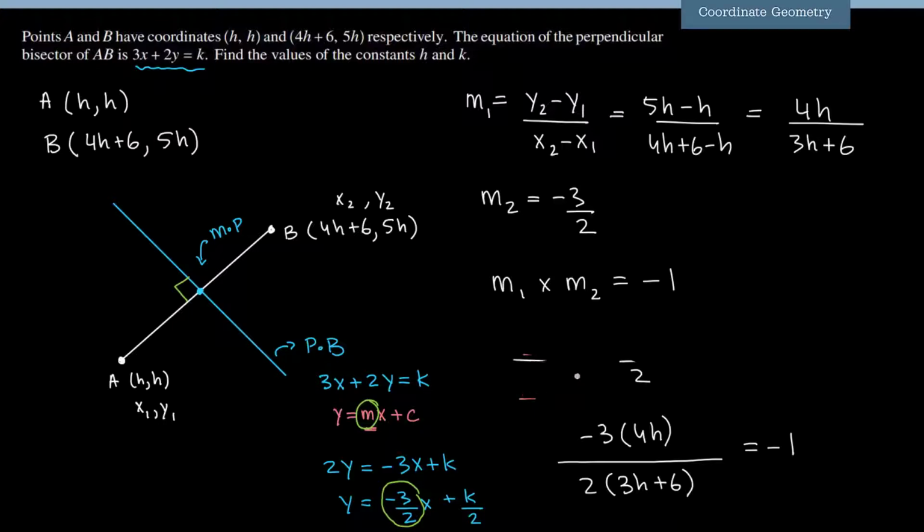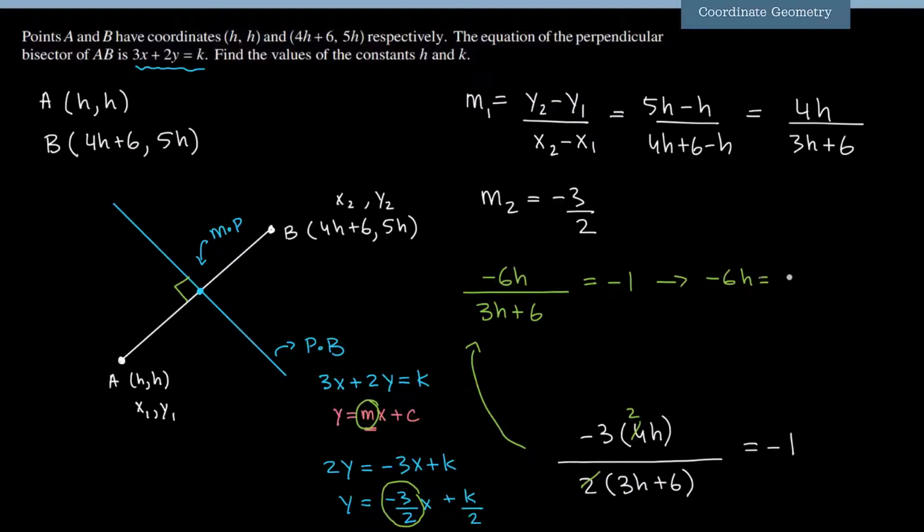Now I need to make some space over here, so I'll erase these two steps. 4 divided by 2 is 2. So I'll get -3 times 2h, which is -6h, divided by (3h + 6) = -1. Multiplying both sides by (3h + 6) gives me -6h = -(3h + 6).